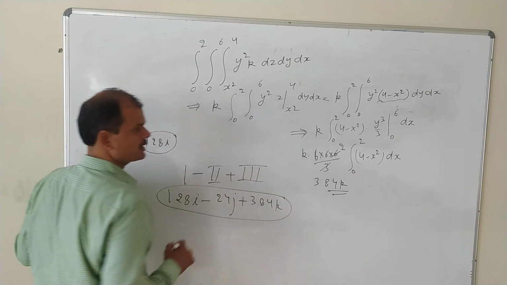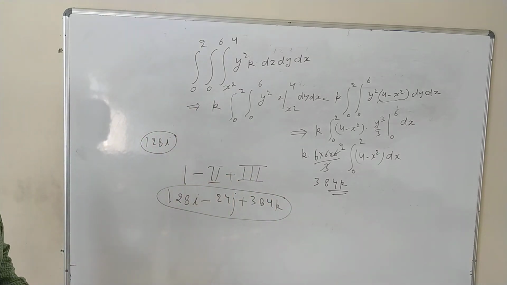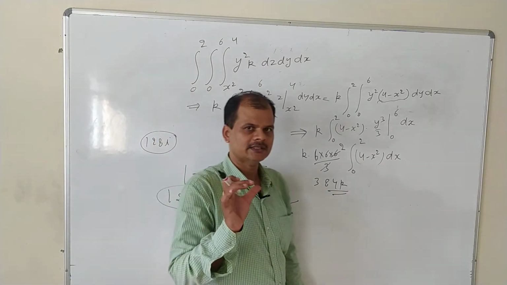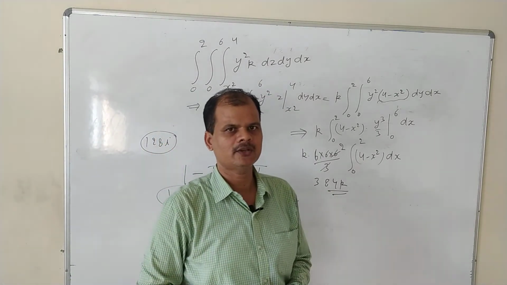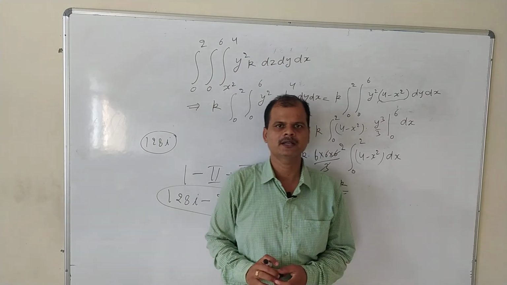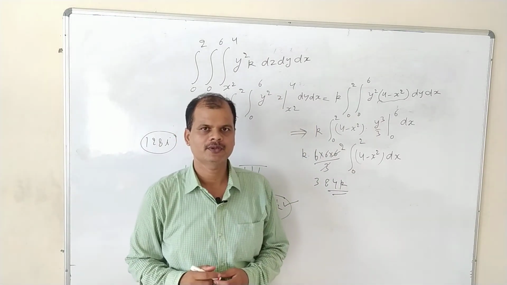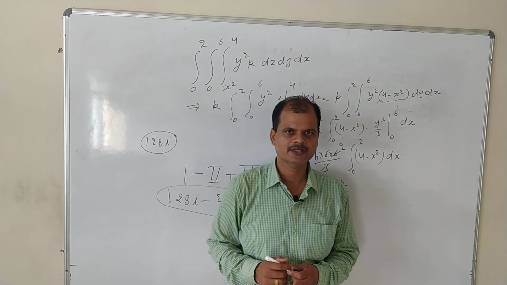So this is the answer of that given volume integral. So this was the vector. I have left only the single integration calculation for you to do by yourself. You have learned single integration, double integration. So this was the example of volume integration.